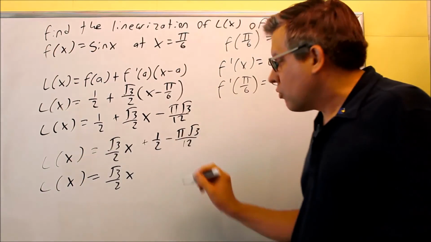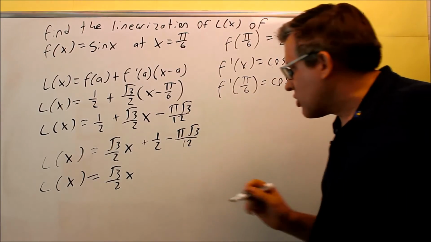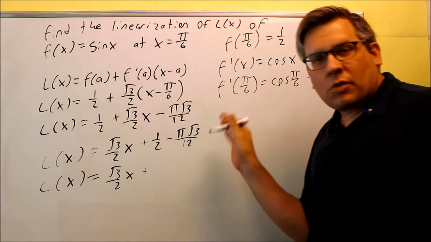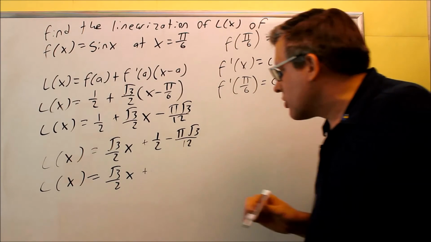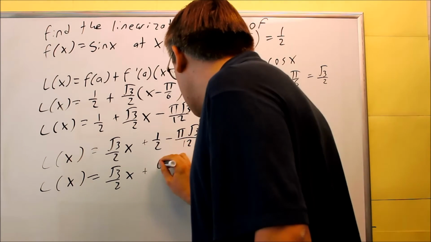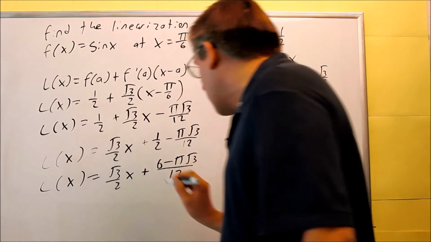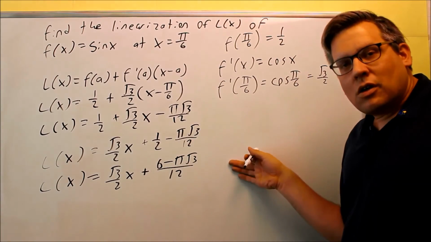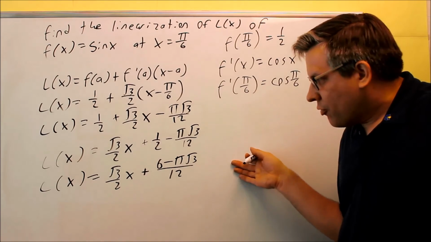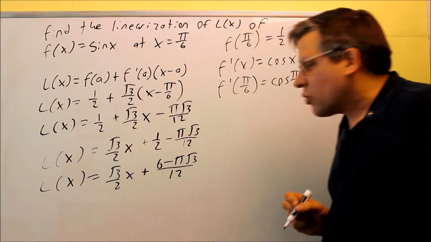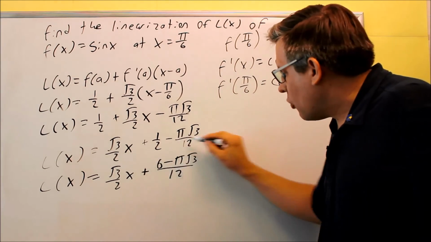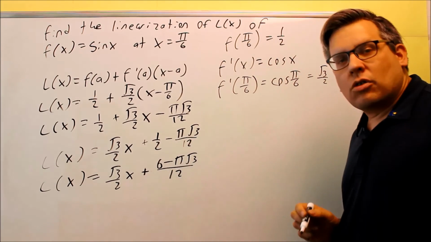For the common denominator, we'll multiply this by 6 over 6. That way we get one constant in the end and we know what our b value is. That will be 6 minus pi root 3 all over 12. So technically this is the correct form for slope-intercept. Your slope is square root of 3 over 2, and this whole big thing here is going to be your y-intercept.